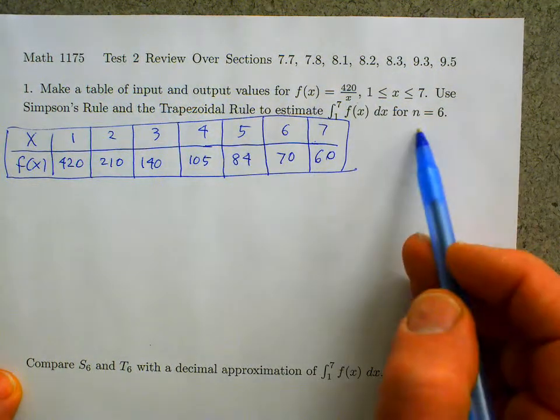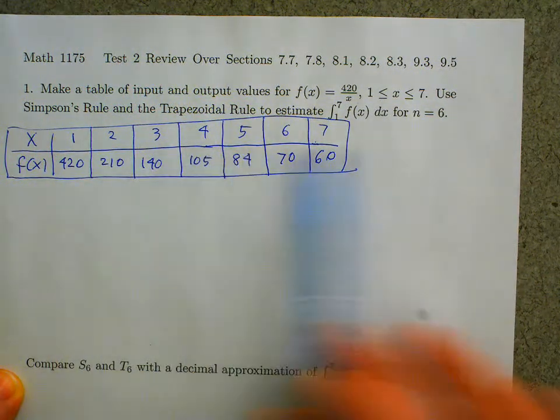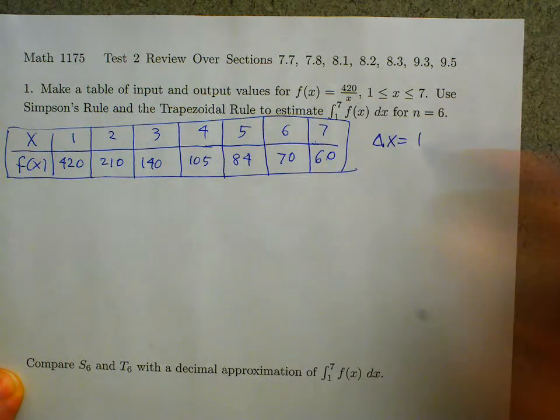So for n equals 6, we have 6 subintervals. And note that delta x is equal to 1.